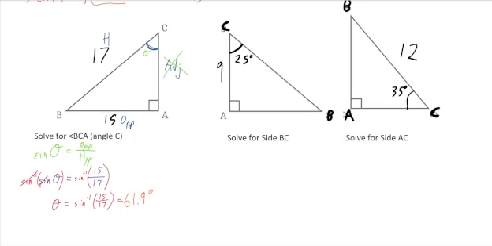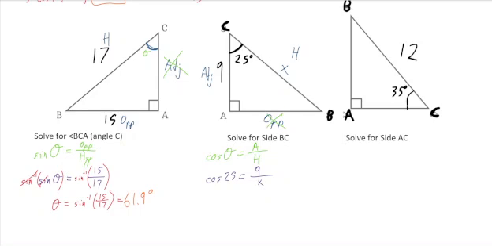All right, for this next one, we're solving for side BC, which is over here. So this is the hypotenuse side, we have the adjacent side, and this means we do not care about the opposite side. So if we don't care about the opposite side, we're going to use cos theta equals adjacent over hypotenuse. Then we're going to write cos 25 equals adjacent over hypotenuse, which is our unknown.